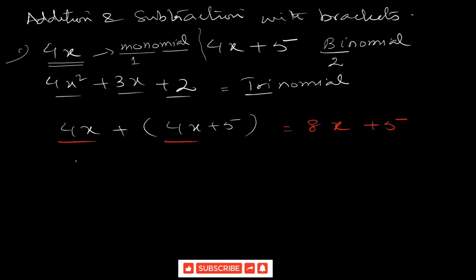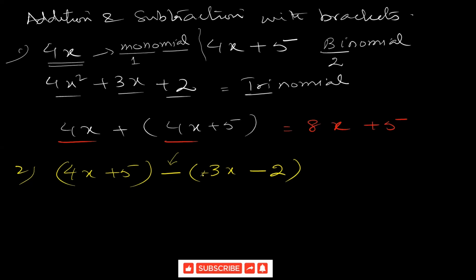But whenever we subtract, if I have 4x plus 5 minus 3x minus 2, now there is a twist. We have to change our strategy. Look at this minus sign outside the bracket. Whenever you have a negative sign outside the bracket, you have to change the signs inside. If there is nothing on the left of this 3x, it means this is plus.